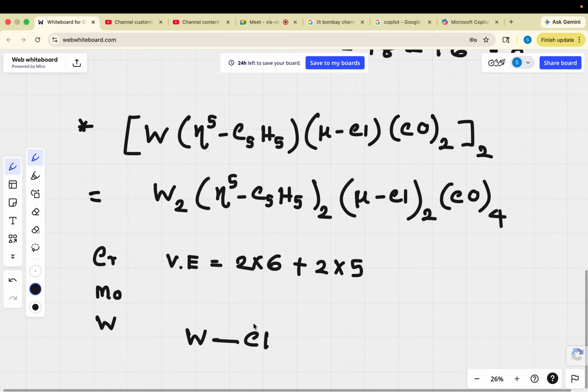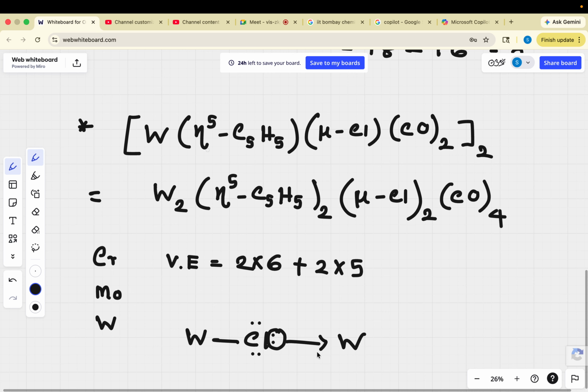And how many valence electrons does chlorine have? 7. Out of these 7 valence electrons, one electron is already involved in covalent bonding with this tungsten, and this electron pair will donate to the other metal.